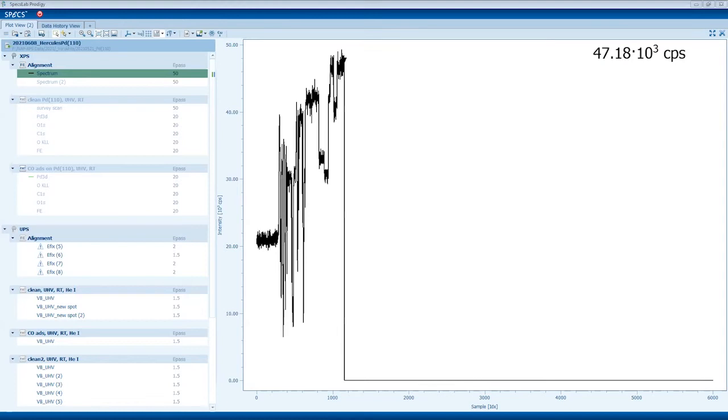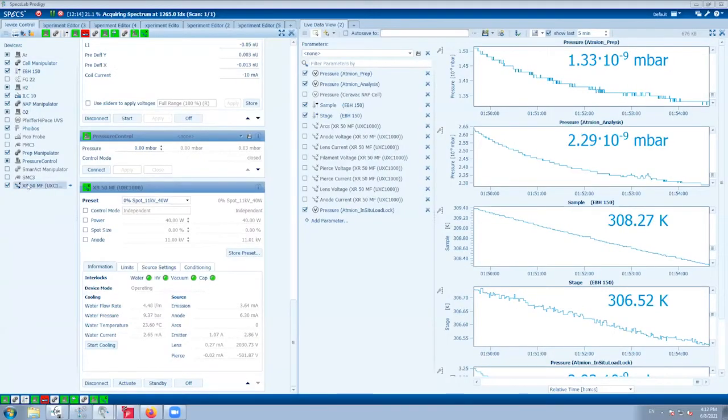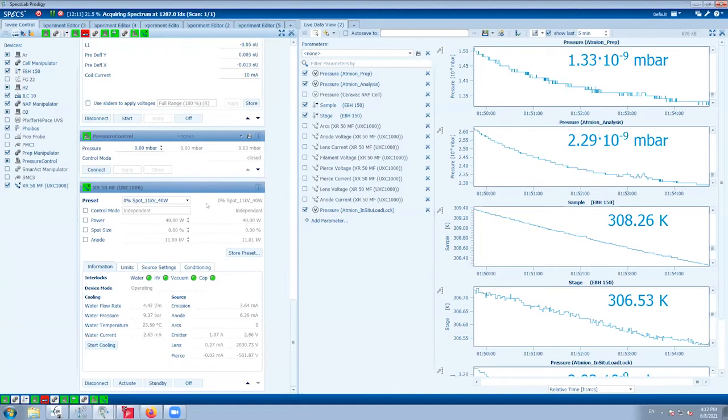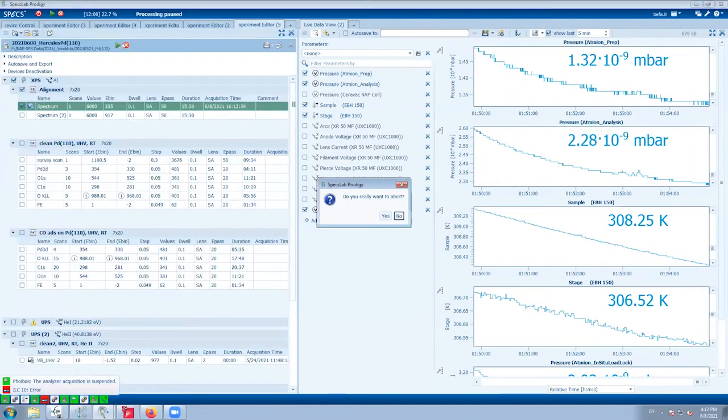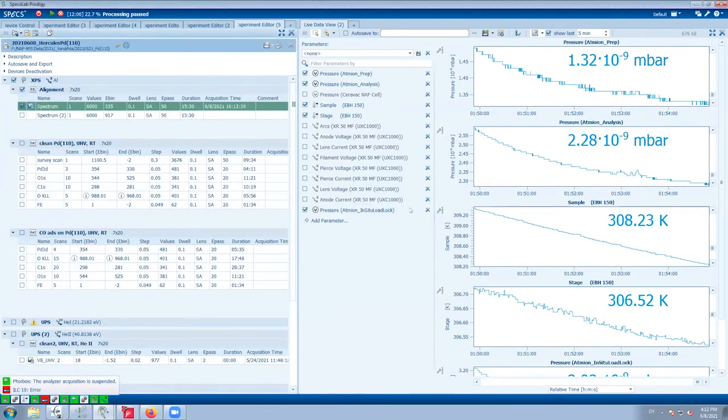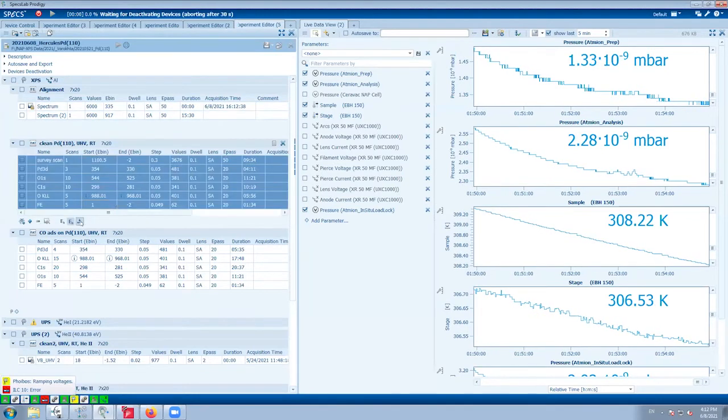Sorry, just a question. What is the power now? 40 watts. We used 150, but after maybe one year, we damaged the anode. Then Specs told us, you used 150. You can use it, but we do not recommend it, because you just evaporate the aluminum.